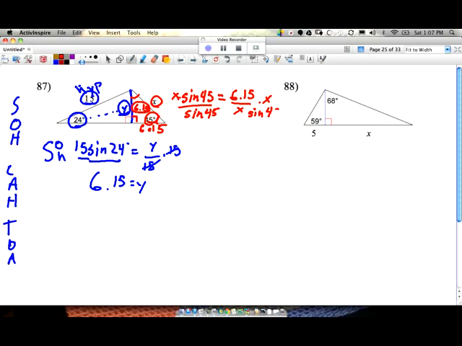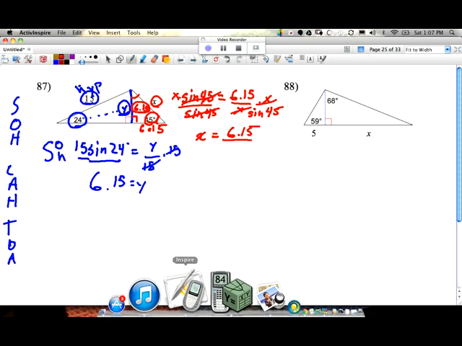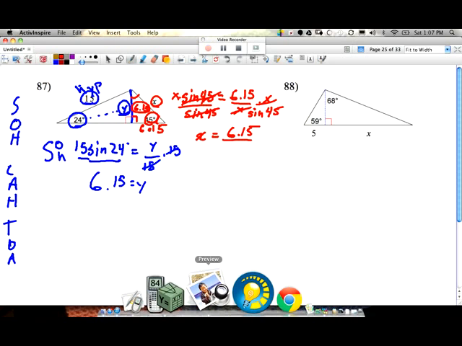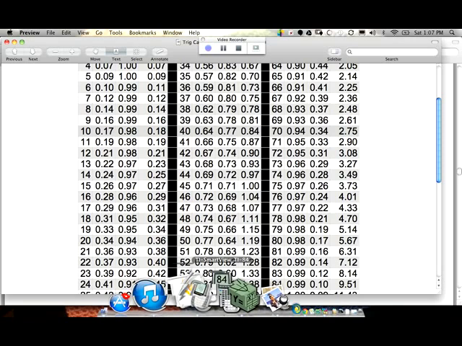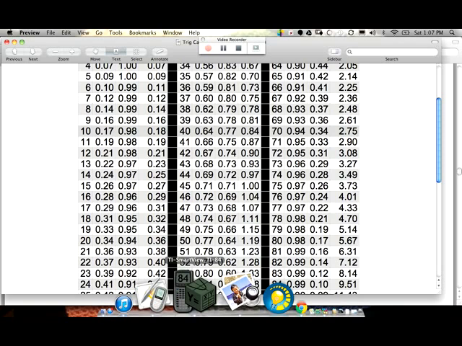X equals 6.15 divided by sine 45. Okay, sine 45, if we look at the little table, which is the same as cosine because it's symmetrical, is 0.71. So we're going to take 6.15 divided by 0.71. That gives us 8.66.